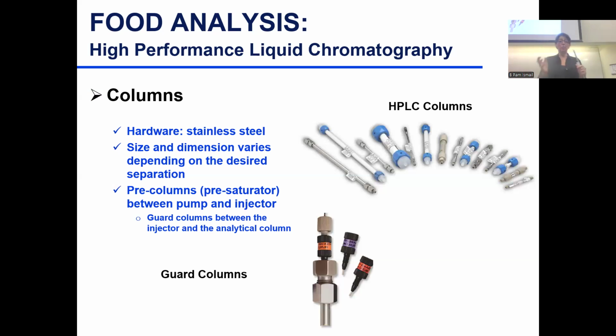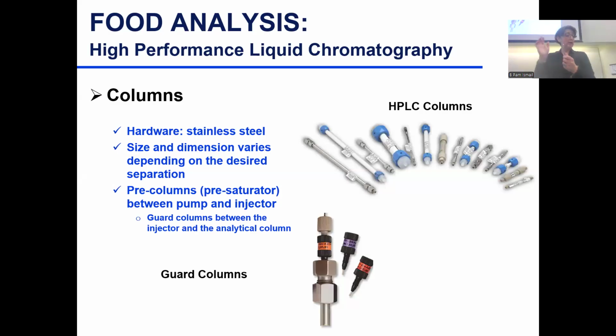If you remember, Gary showed you the triangle of resolution, capacity, sensitivity. What do you want? It depends on the purpose of your analysis. And then there's also a very thin column, or a column that is short and thin as well.